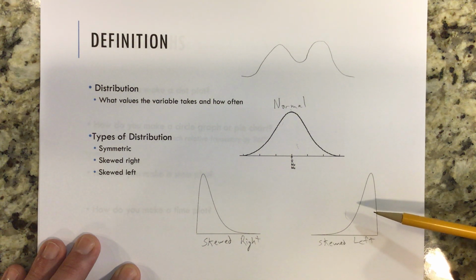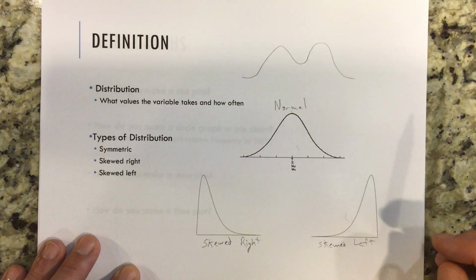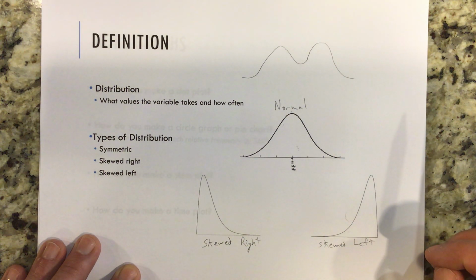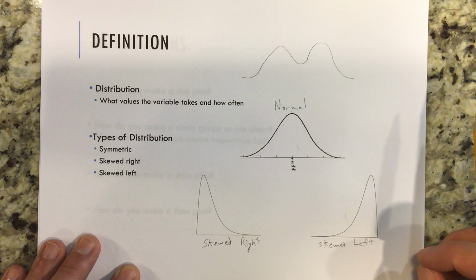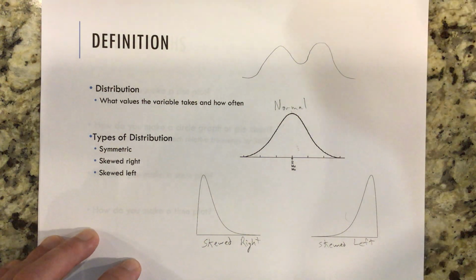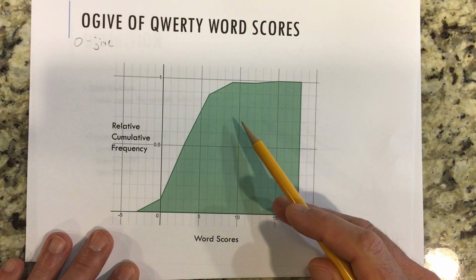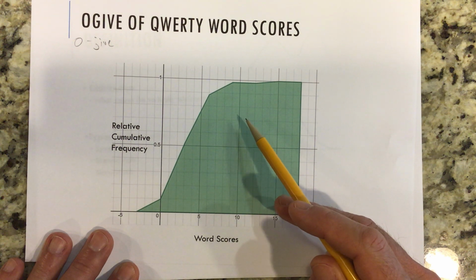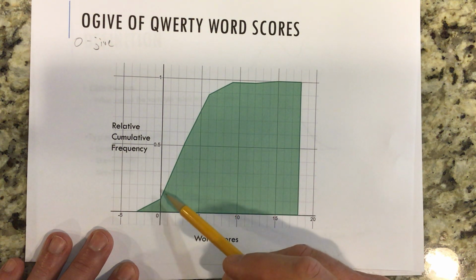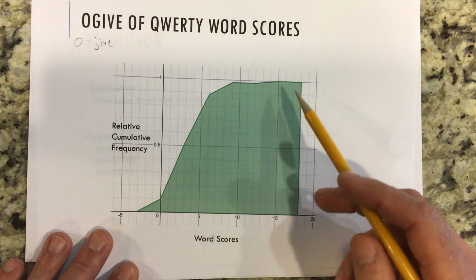Okay, it's easiest to read the shape from a frequency graph or a relative frequency graph. It's harder to read the shape from a cumulative graph, right? Because remember, here's a cumulative graph. If I try to read the shape of this, I have to say, going up quickly through here, not so fast in the beginning, not so fast at the end, right?